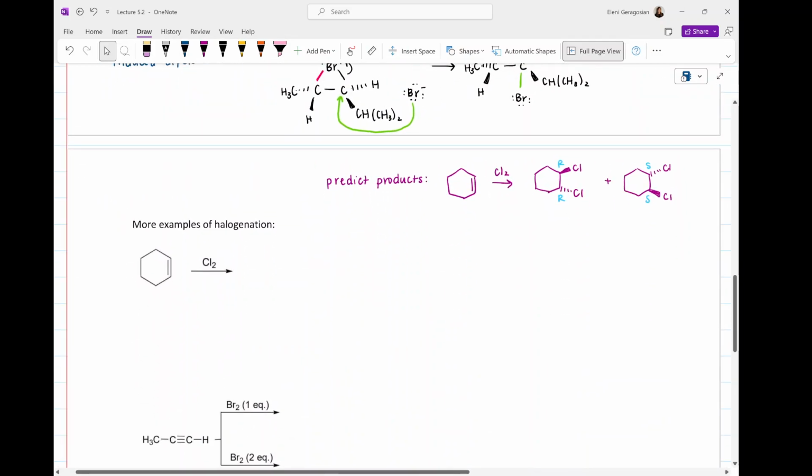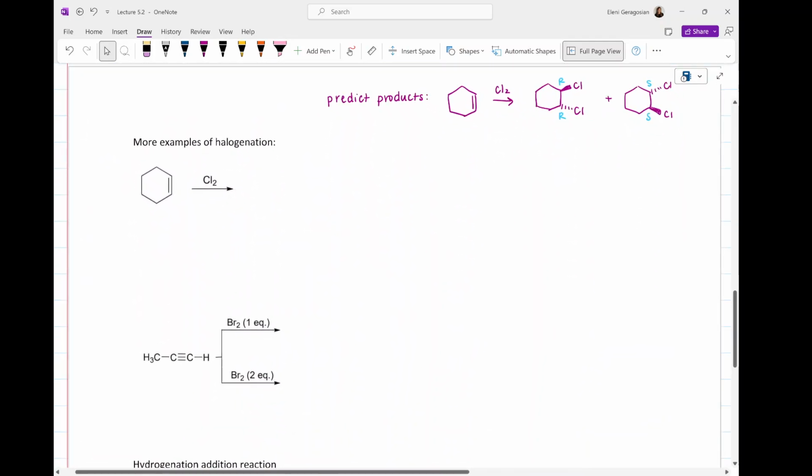So at the end of class, we predicted the products for this first reaction with the cyclohexene and chlorine. So let's do this mechanism, and then we'll do the next practice problem as well. So Cl2, that is the reagent added to the double bond. So I'm drawing that out here.